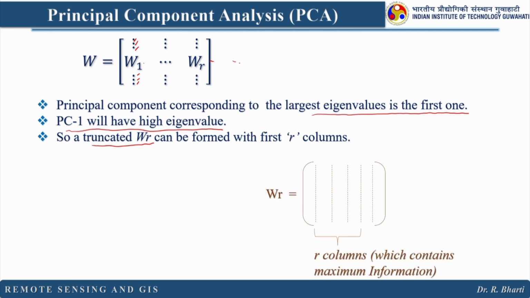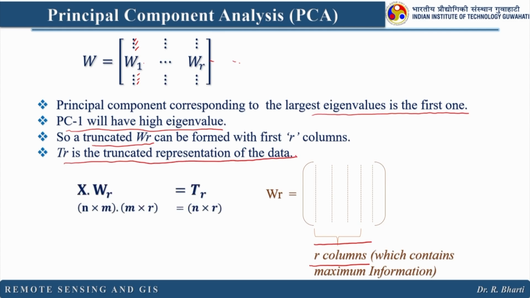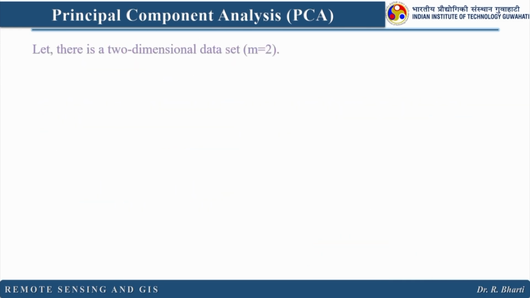So this is WR, the R columns of this matrix, and TR is the truncated representation of the data. So TR is equal to X into WR, and here there is a modification: instead of m into m, you will use m into R. So your output will have R columns, right.